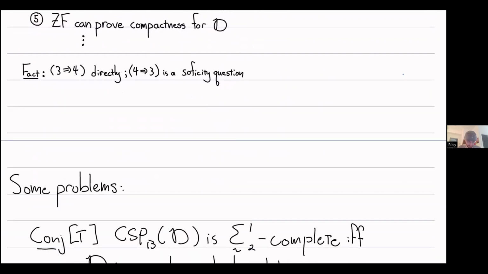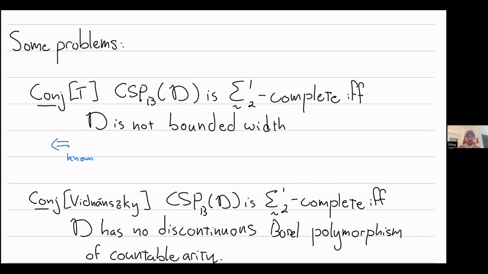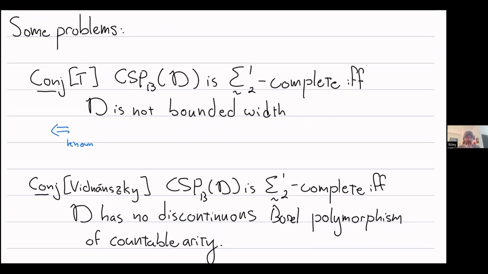Let me end with a few problems that I think are interesting and that I think could involve some algebraic insight. So first, there are a couple of conjectures floating around about where exactly the complexity cutoff should be for these Borel CSPs.